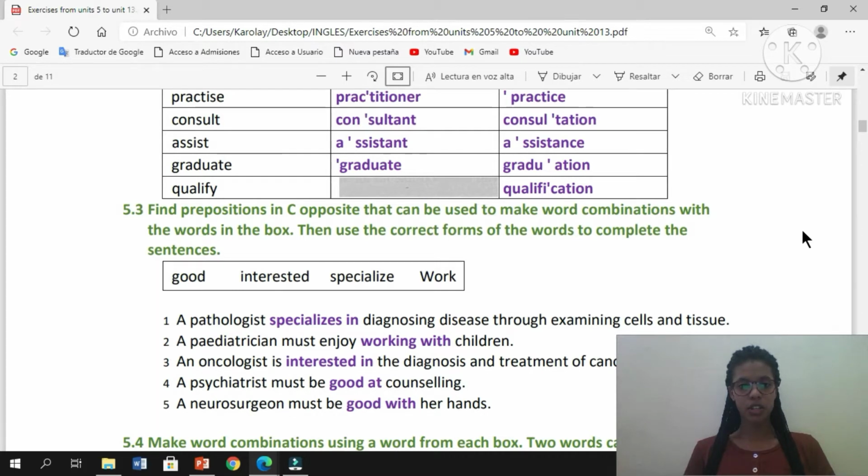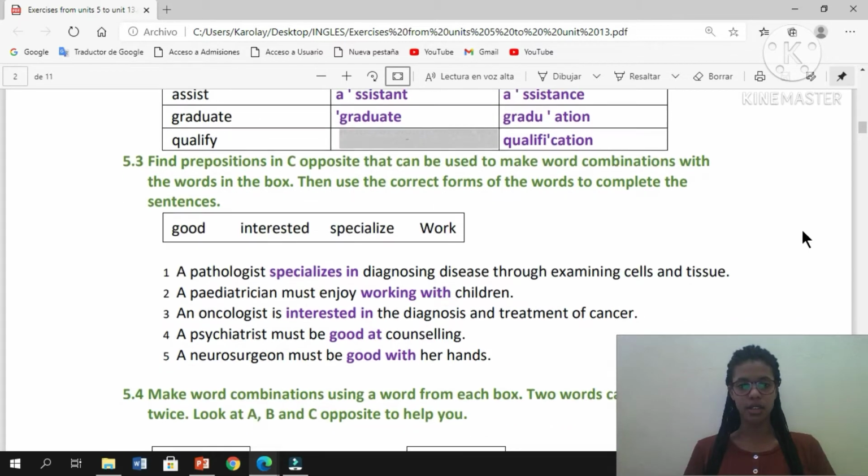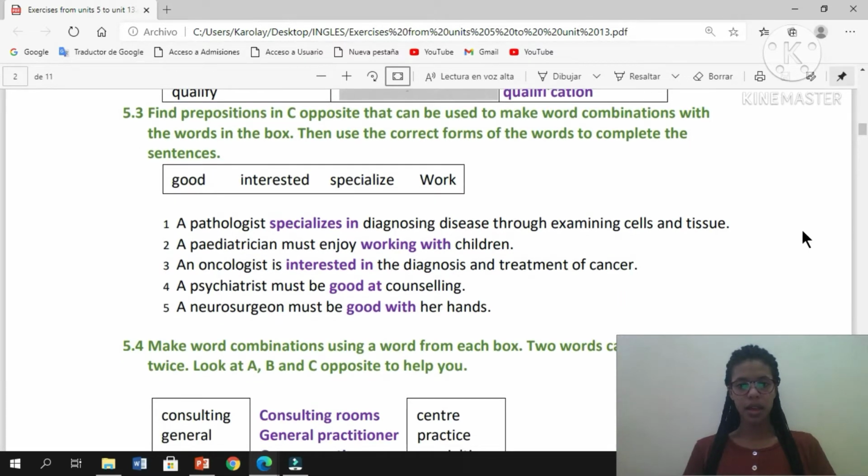First, find prepositions in C opposite that can be used to make word combinations with the words in the book. Then use the correct form of the words to complete the sentences. A pathologist specializes in diagnosing disease through examining cells and tests.